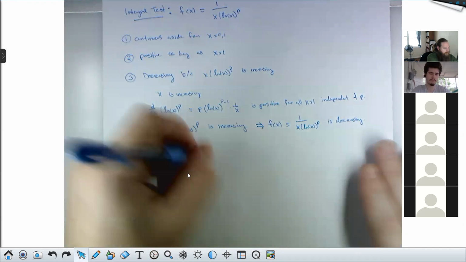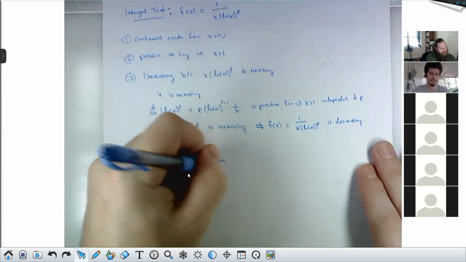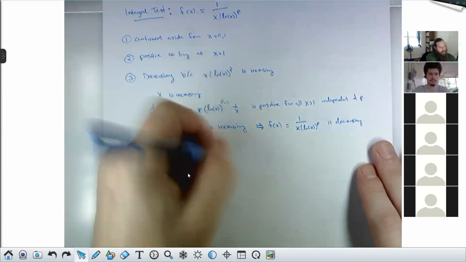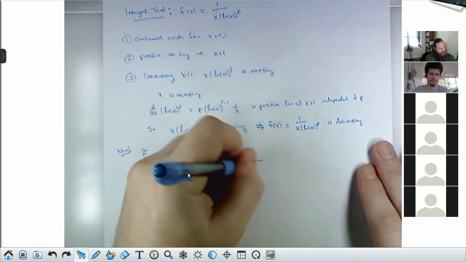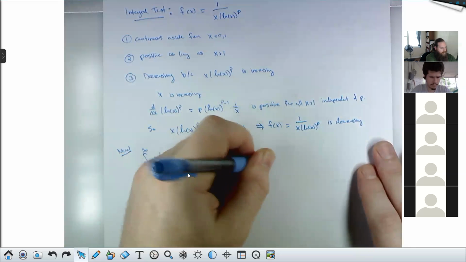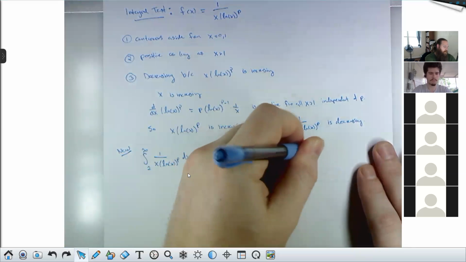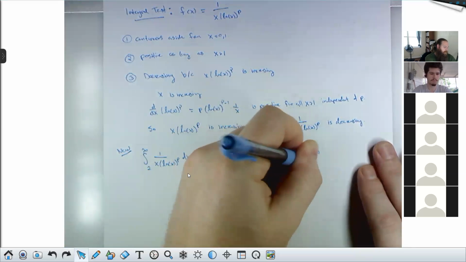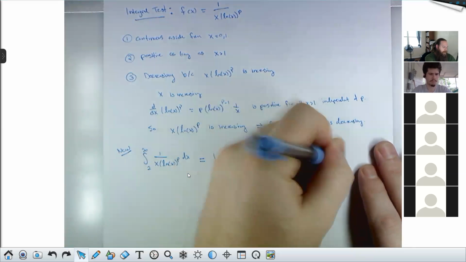The way you do it is by first writing it as a limit, subbing for the natural log. Change your bounds.